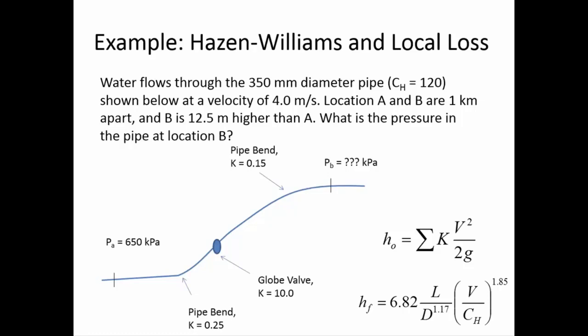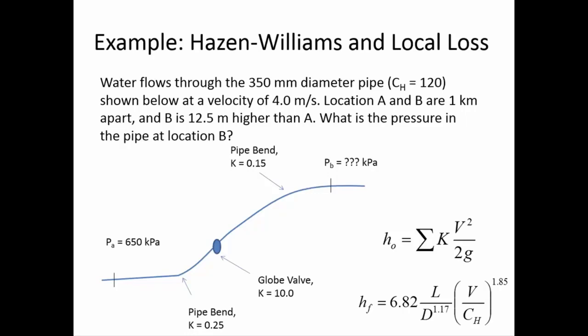But we do have local losses and energy losses. So you're going to use the local loss equation along with all of the K values that are specified along the way. It looks like there are 3 different fittings: a pretty sudden pipe bend, a globe valve, and then a more gradual pipe bend with a lower K value. You'll need to calculate the velocity head inside the pipe, because the diameter of the pipe is the same through all of those.